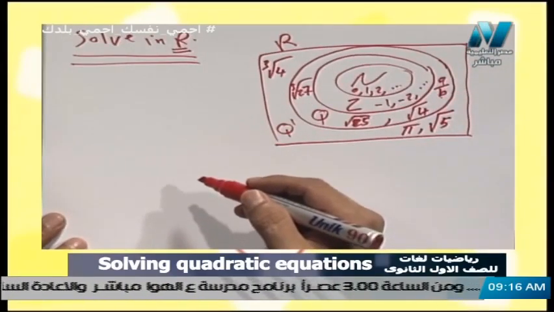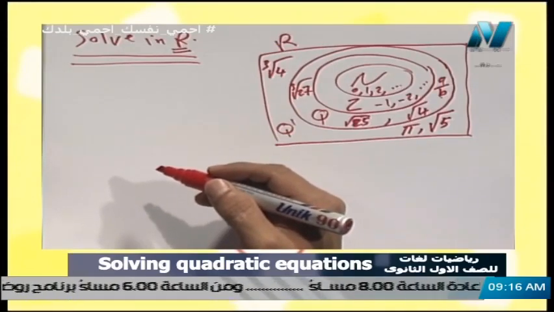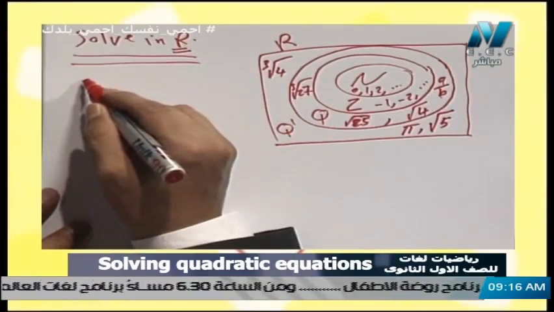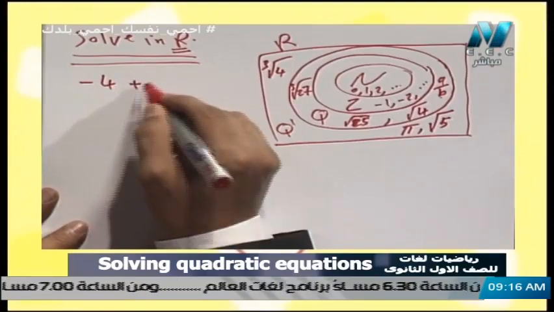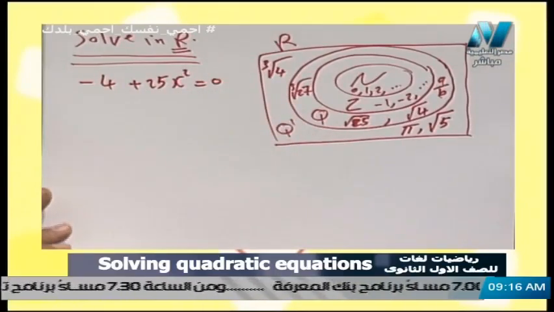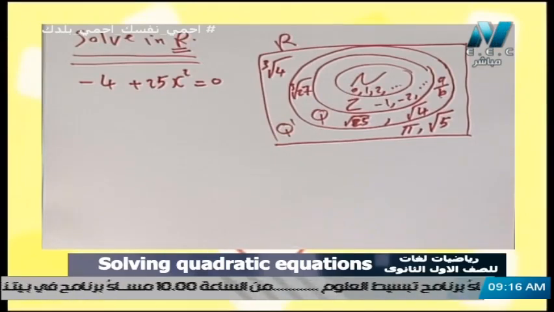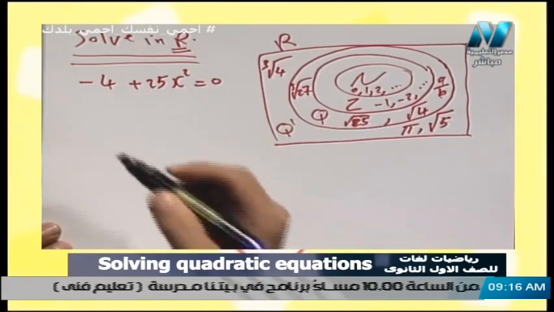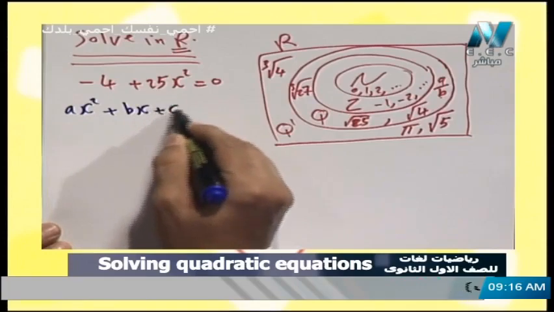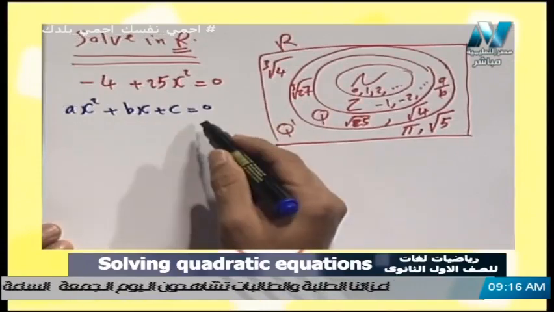Okay, we have here another example. Solve in R: -4 plus 25x power 2 equals 0. Someone may say this equation is strange, because the quadratic equation has the form ax power 2 plus bx plus c equals 0, but this one doesn't have the same form.